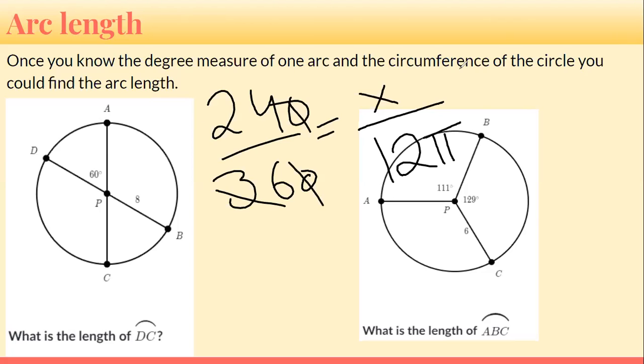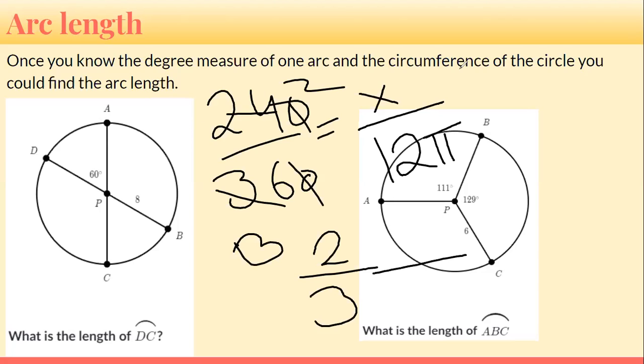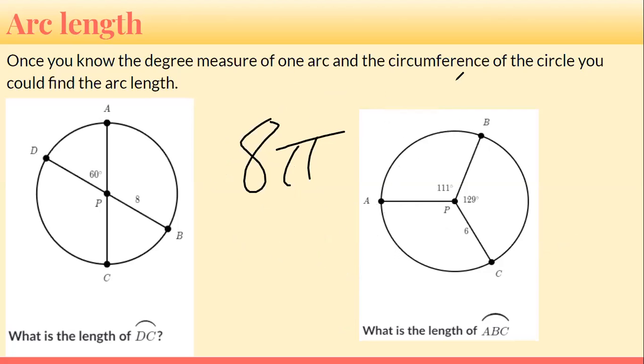That's equal to 3, that's equal to 2. Now we cross multiply all of this to 2 over 3 times 12 pi is equal to x. That cancels out. So x is equal to 8 pi. All right? That's fairly simple.